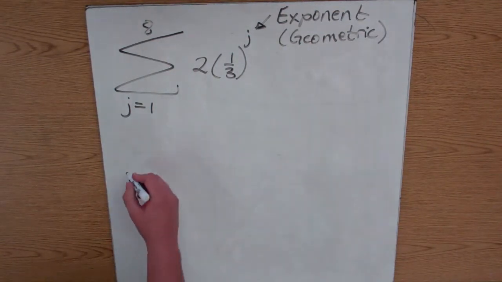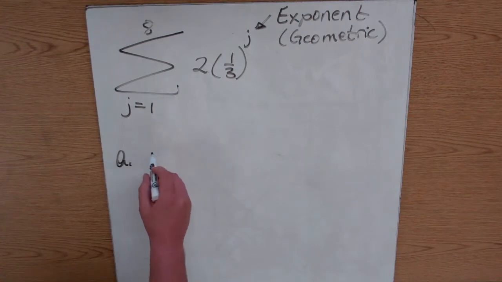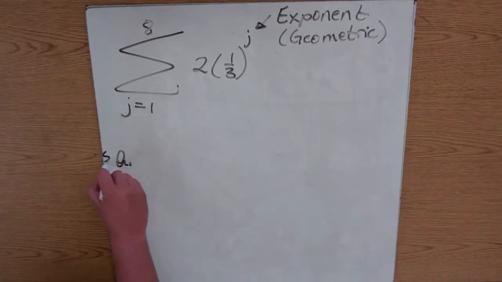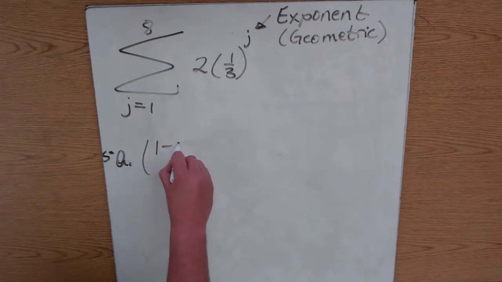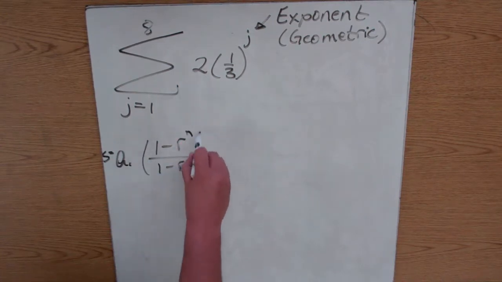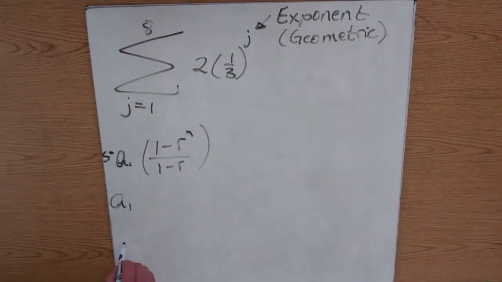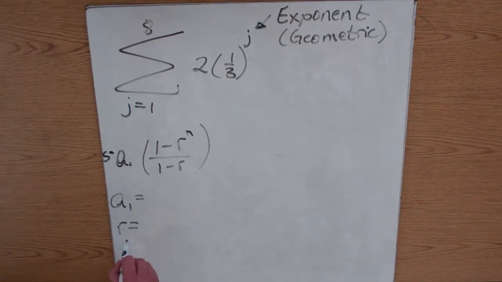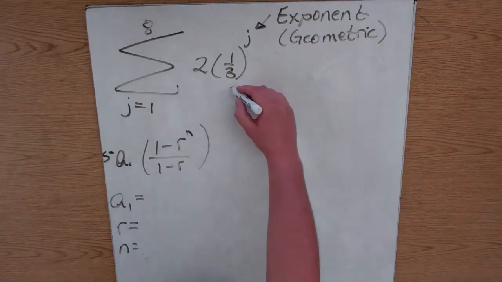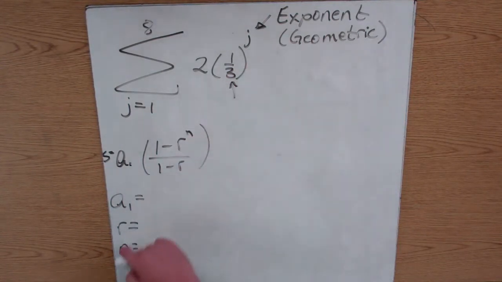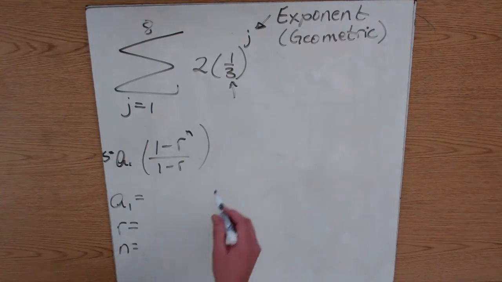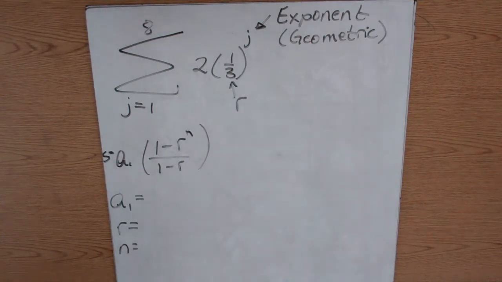So we need A1, and then the sum equals A1 times 1 minus r to the n over 1 minus r. So we need our first term, we need r, we need n. Now, when you have this, whatever is in the parentheses raised to the exponent, that's your r. That is your ratio. Our ratio for this problem is 1/3.